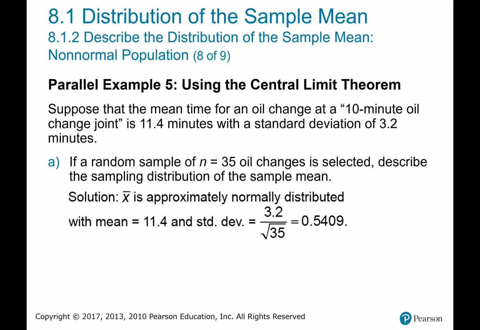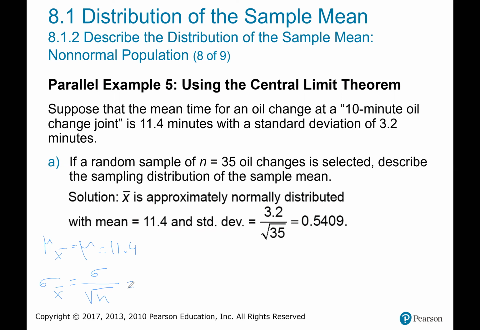So again, guys, the mean of X bar is the same as the mean of the population, and that is 11.4. And then the standard deviation of a sample mean is equal to the standard deviation of the population divided by the square root of the sample size.